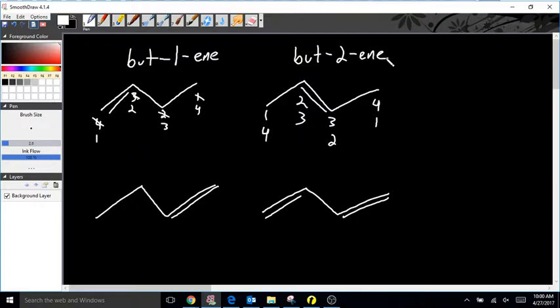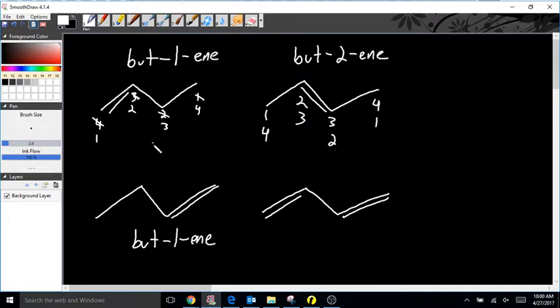All right, jumping to this one down here. This one's actually going to look pretty familiar to us. We still know we're working with 4, so bute. I know I've got that double bond on there, so I'm going to need to put an ene in there with the number on it. Numbering 1, 2, 3, 4, I can either be number 3, or once again, starting at the other end, 1, 2, 3, 4, 1 is smaller. But-1-ene.